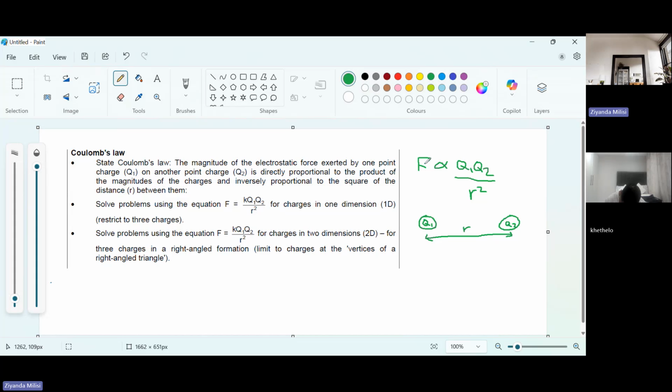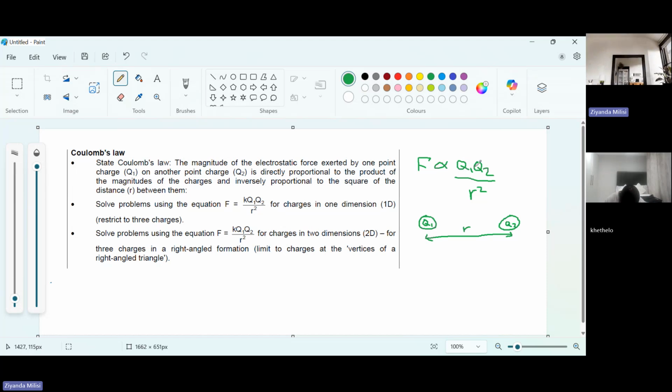So if you look at F, we can draw the graphs of direct and inverse proportionality from this case. Let's isolate F and the relationship between F and the two charges. We say product because we are multiplying the two charges.